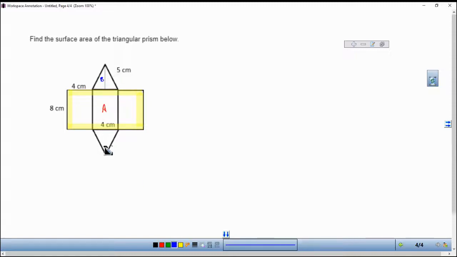So there are 2 of them, but we're going to use a different formula than the parallelogram formula. So we have big A, and we have triangle B. We have 2 of those, times 2. So let's find A first.